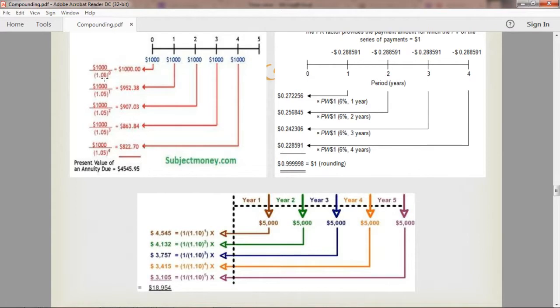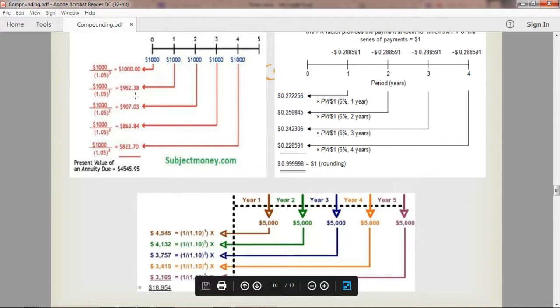But we know how to discount otherwise, by 1.05, the interest rate, the discount rate raised to zero. Anything raised to zero is one, so it becomes just itself, 1,000.